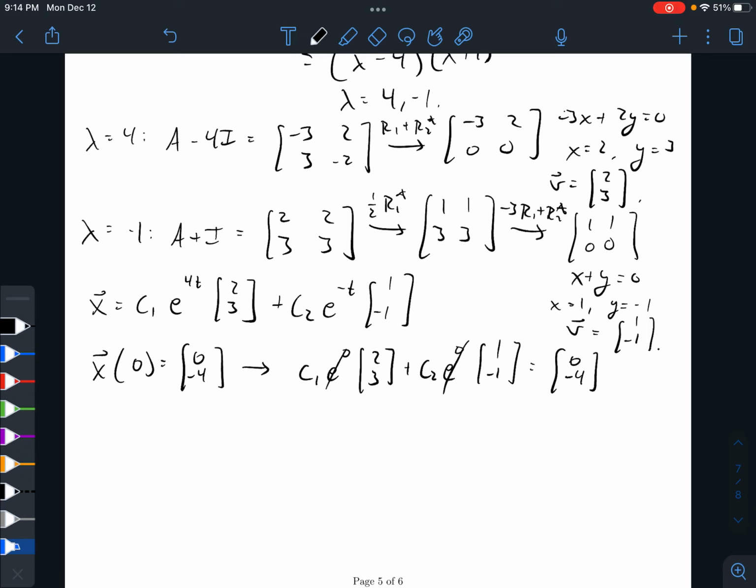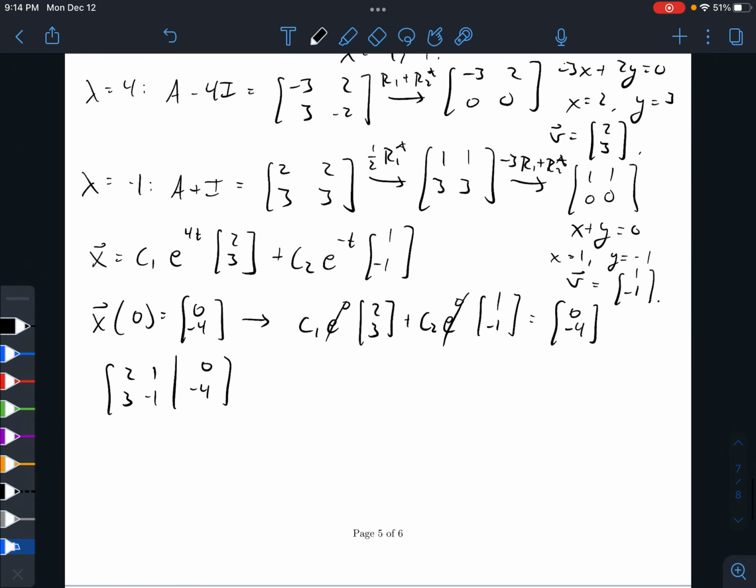These are both just 1, so I could put this into an augmented matrix and solve it. This one won't work out quite as nicely as the other one, but that's fine. What could we do? Let's maybe just scale row 1 down by a half.